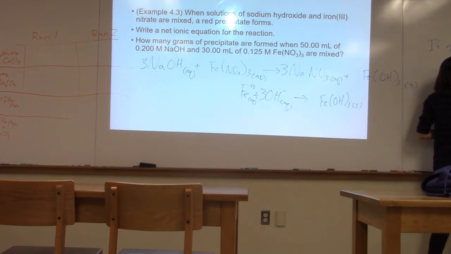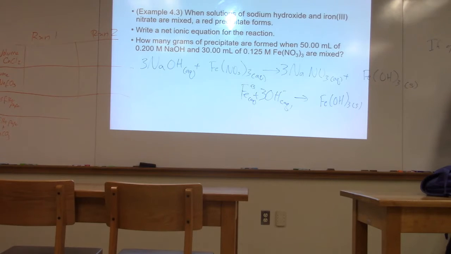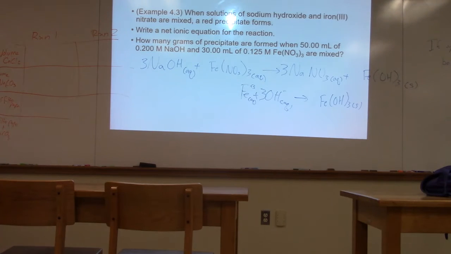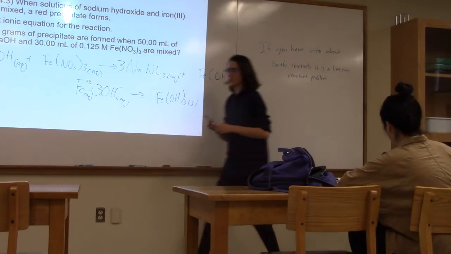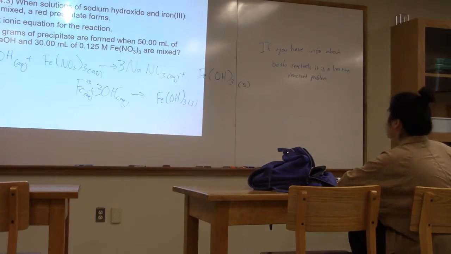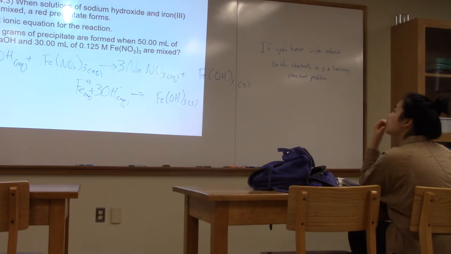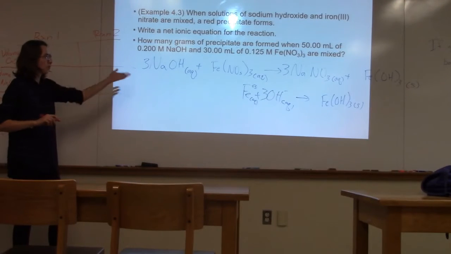But how would you go about getting, do you have to get the molarity and milliliters into the same unit? Yes. How would you do that? So you remember our workflow before for dealing with stoichiometry problems, problems where there's an equation.